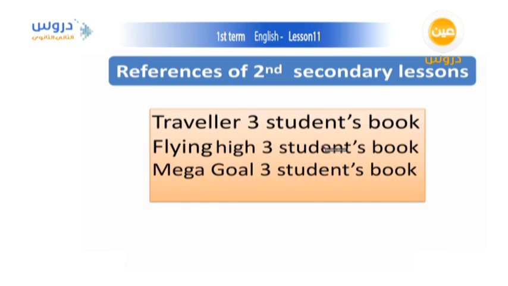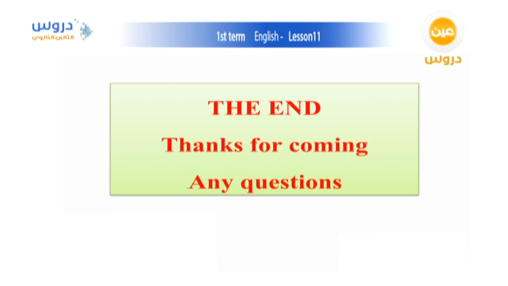That's all. That's the 3 books taken from the Traveler, Flying High, Make a Goal, as I always remind you. Now, the last 10 seconds go for the voting. And remember, you can always come offline and download the video of this lesson and get some explanation.